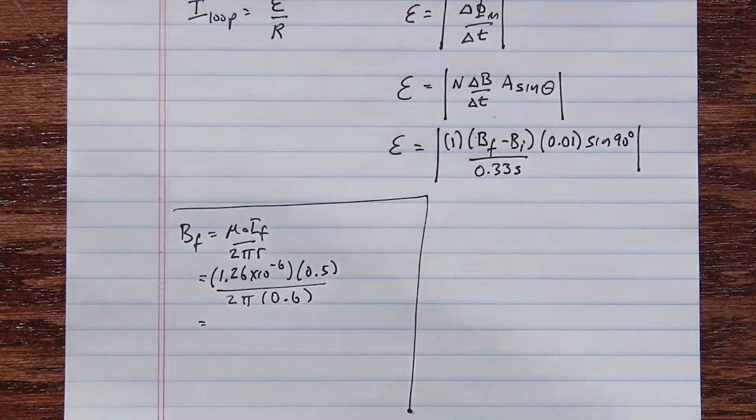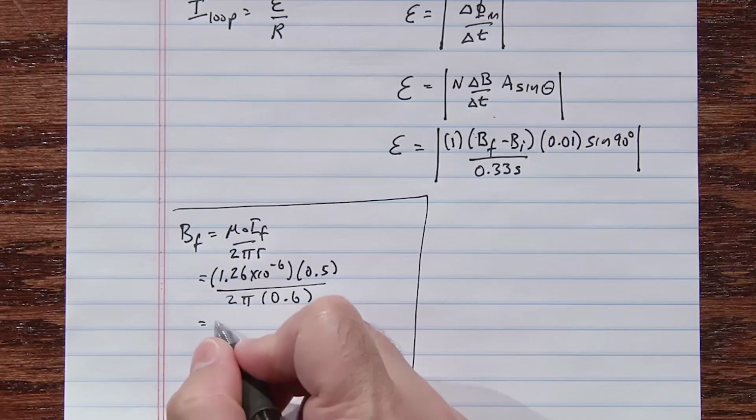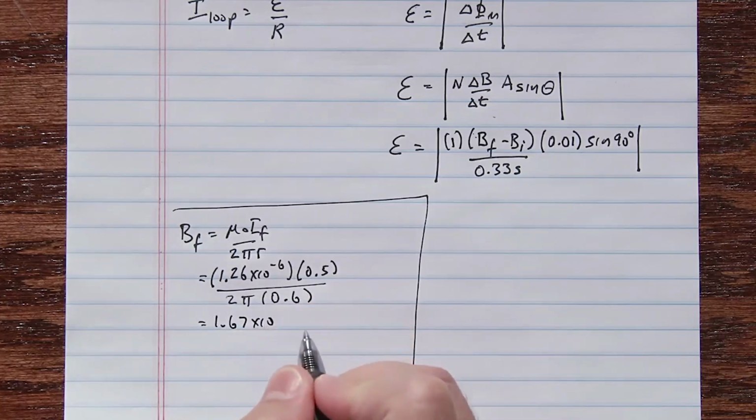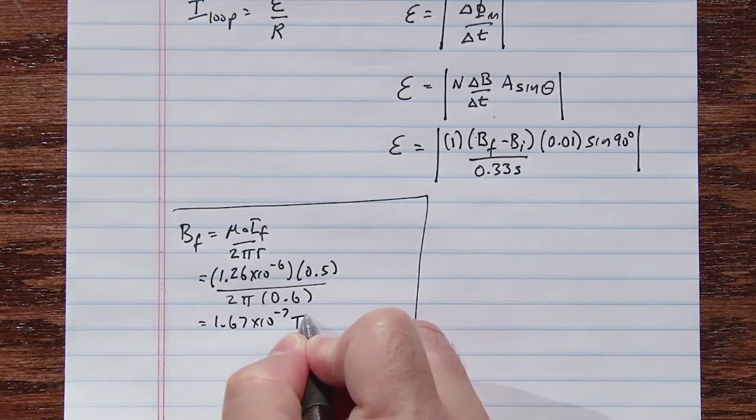That tells us that B final is 1.26 times 10 to the minus 6 times 0.5 divided by parentheses 2 times pi times 0.6, and that gives me 1.67 times 10 to the minus 7 Tesla.